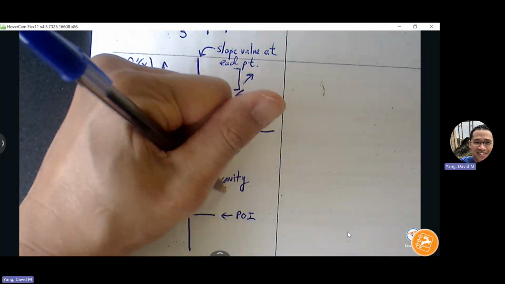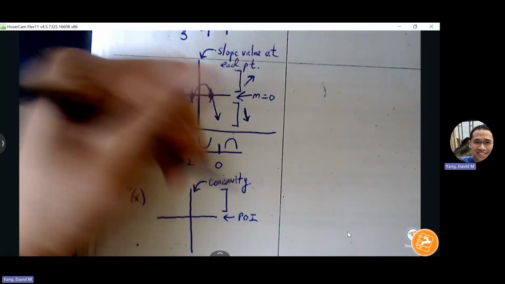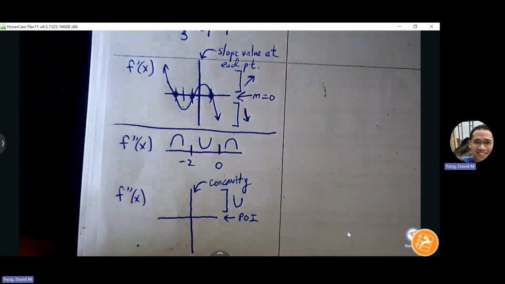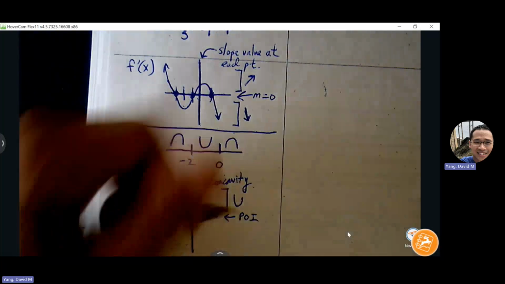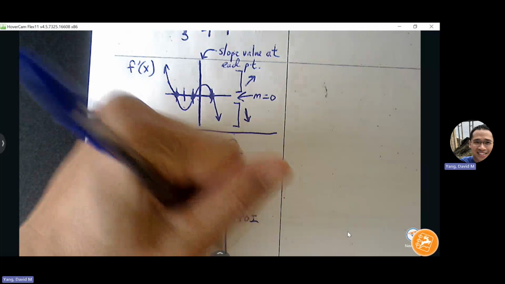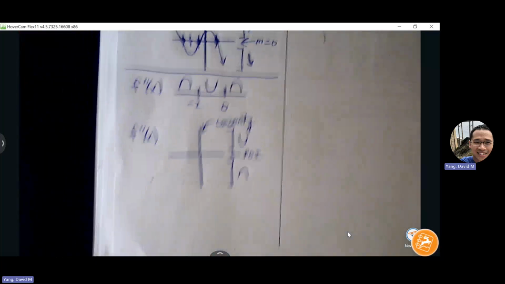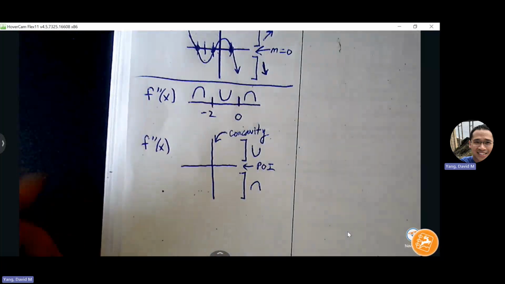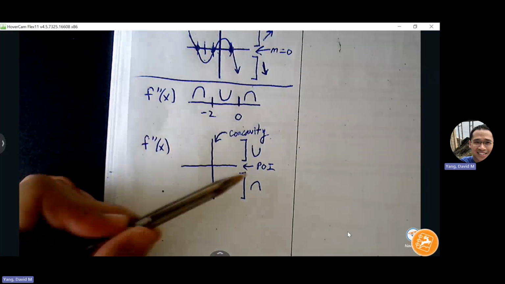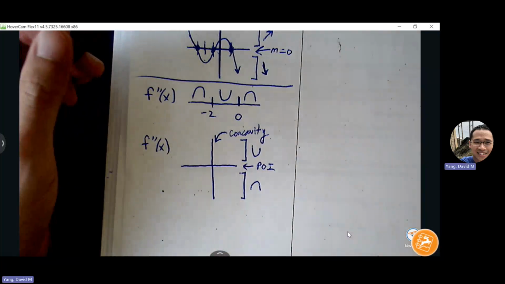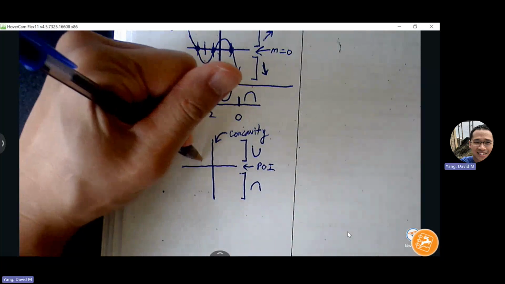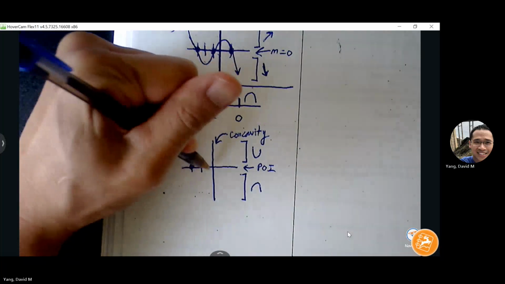Anything that is concave up will be above the x-axis. And then anything that's concave down is going to live below the x-axis. So guess what is going to be placed onto my f double prime x-axis? Yep. So -2 and 0.